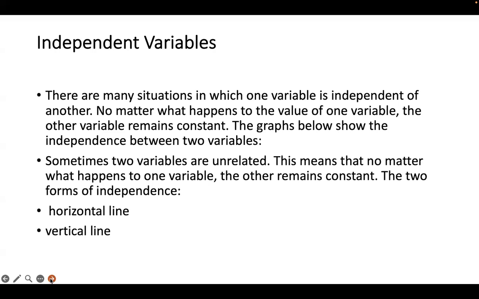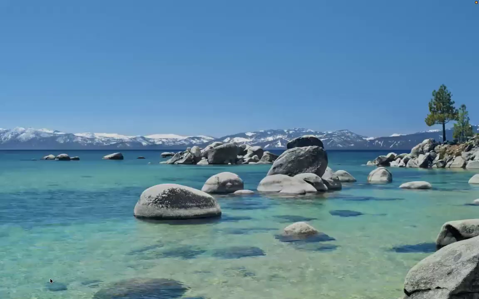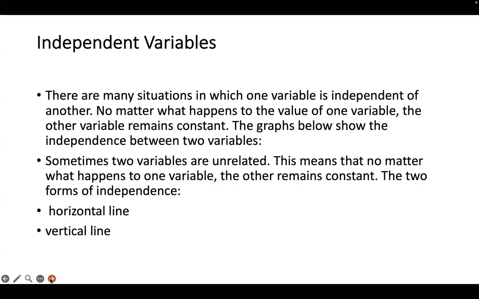Then we have the independent variables. Sometimes two variables are not related at all. In such cases, one variable does not respond to changes in the other. No matter what happens to the value of one variable, the other variable remains constant. The graphs below show the independence between two variables.